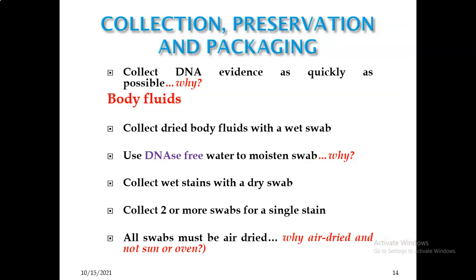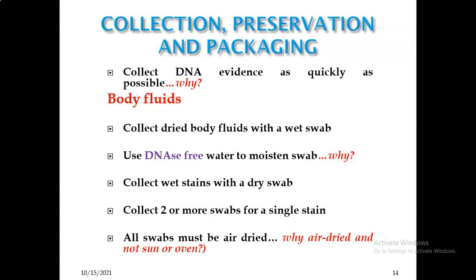Collect wet stains with a dry swab. If you come across a body fluid which is still in its original state, liquid, you just have to dip your sterile swab into it. By doing so, you've collected the biological stain.